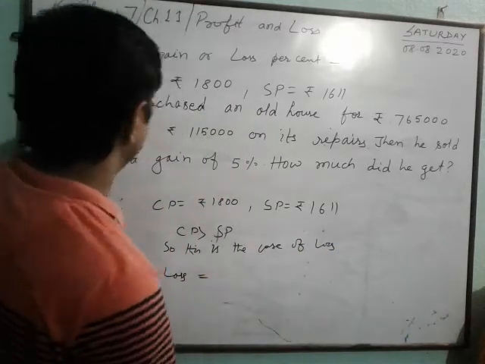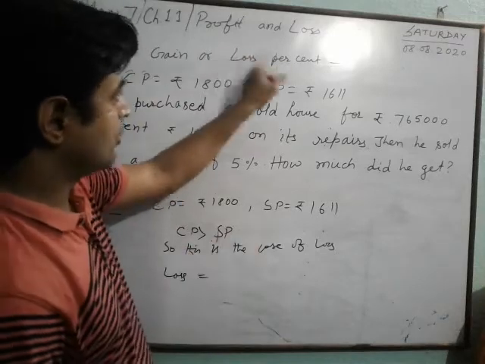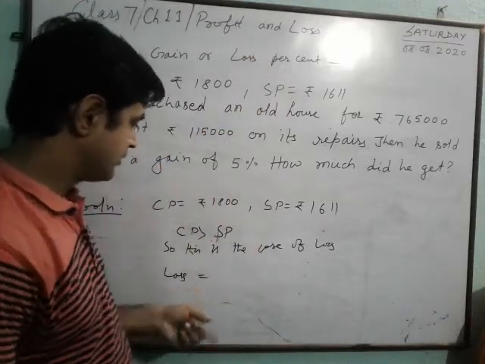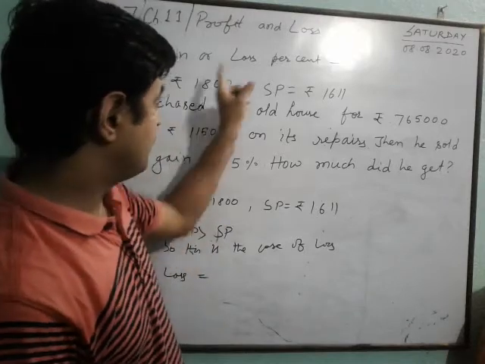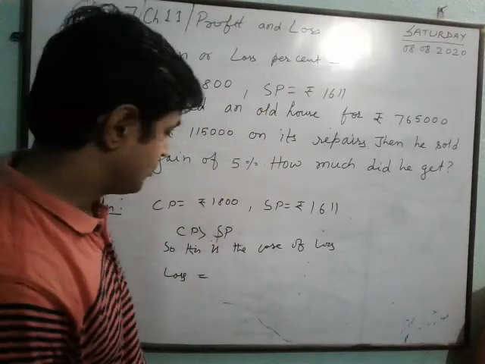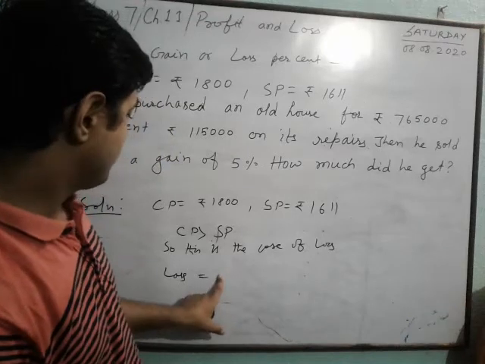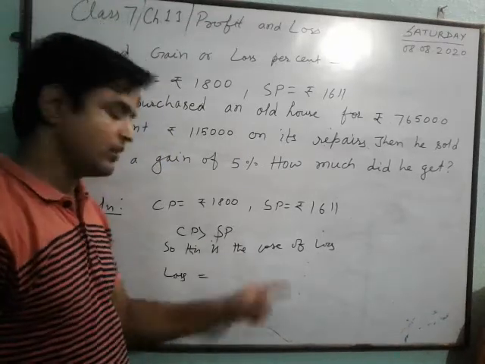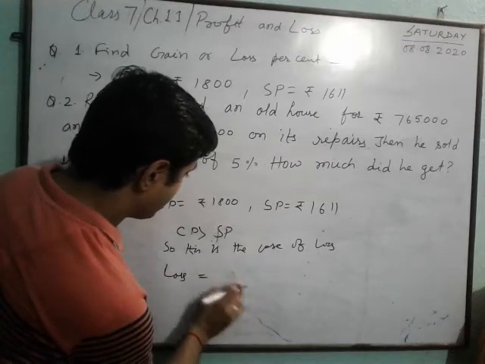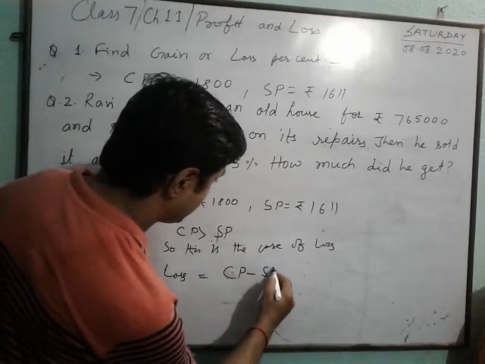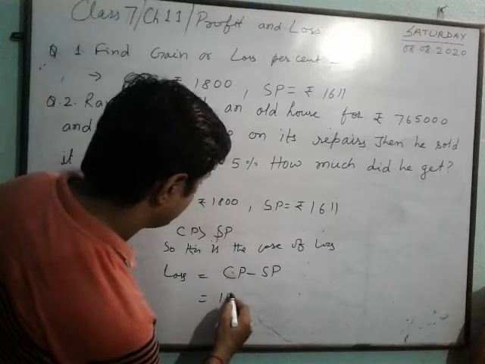Here we have to find gain or loss percent. I just analyzed that this is the case of loss, so we have to find the loss percent. Before loss percent, we must find loss. Loss equal to CP minus SP.